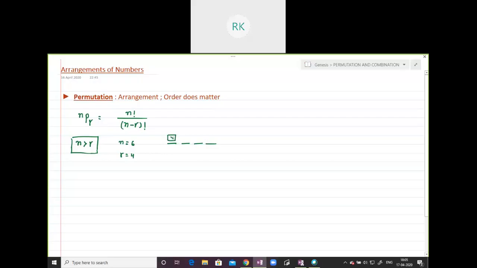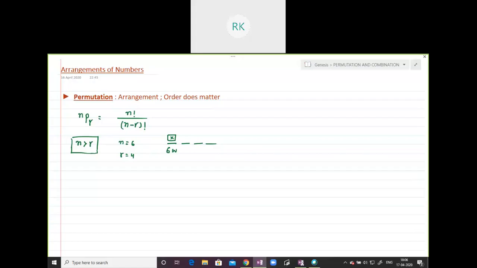Now at the first chair, in how many ways can a person sit at the first place? Of course, we'll say, sir, any one among six, right? 6 ways. I do not know which person is sitting at the first place, so any one among the 6 members can occupy the first position.